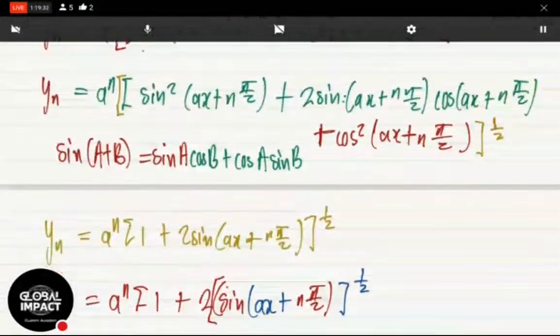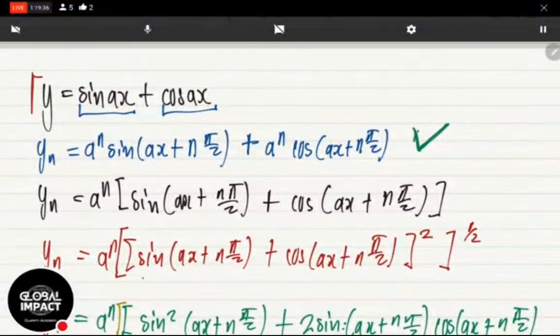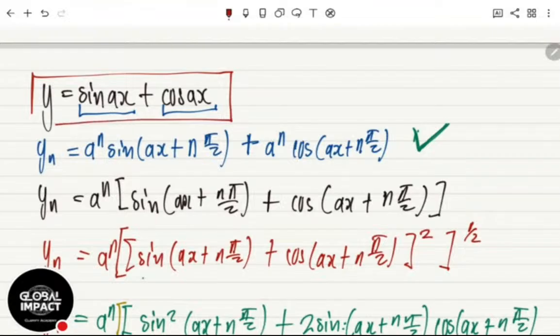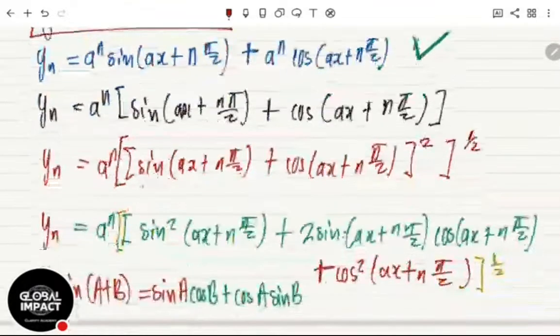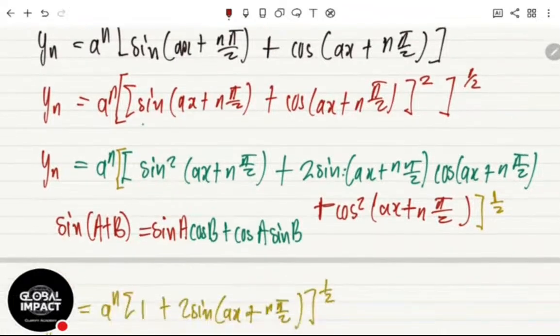What have we done? We differentiated. If they give you this, there's no need to even differentiate because you now know the nth derivative. You put the nth derivative, then they just want you to combine. So you put it like this, and then you square, then square root, because you are trying to get sine squared plus cos squared equal to 1.